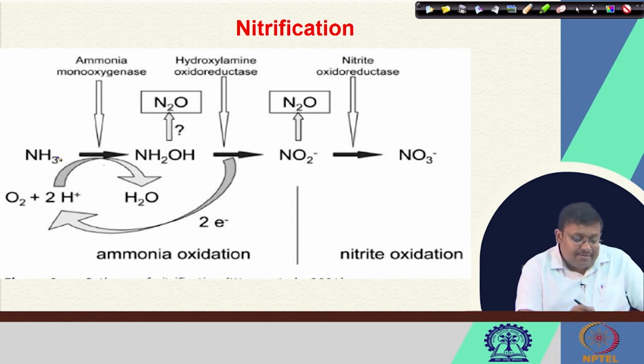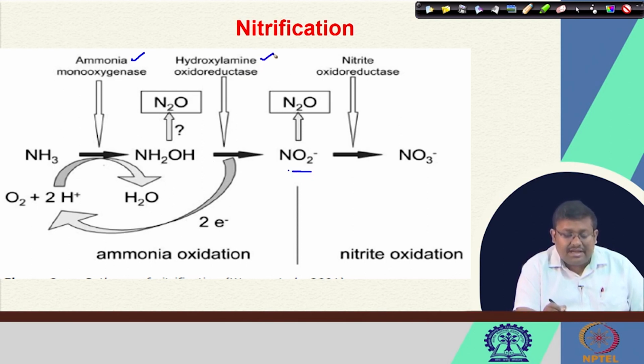The ammonium to ammonium hydroxide conversion is governed by the ammonia monooxygenase enzyme, and the conversion from ammonium hydroxide to nitrite is governed by the hydroxylamine oxidoreductase enzyme, and the conversion of nitrite to nitrate is mediated by the nitrite oxidoreductase enzyme.